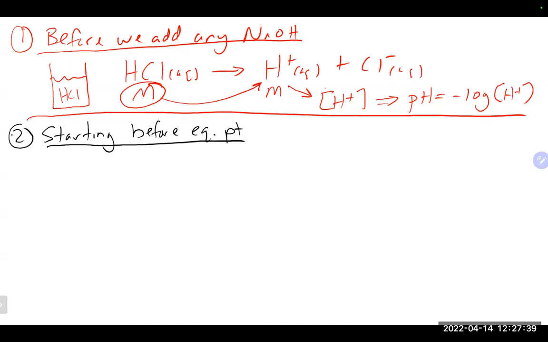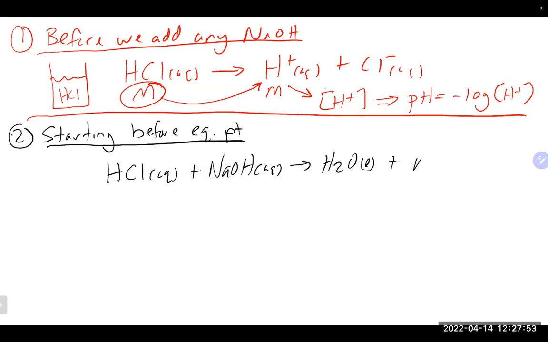So we're going to write our reaction, the one I wrote on the other page: HCl plus some sodium hydroxide gives us some water and a little sodium chloride. We are again going to do this in moles. And just so we're very clear here, I'm just going to make up a number, to keep a nice, simple, easy number to look at.